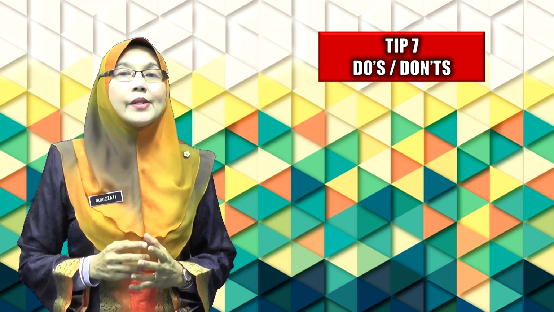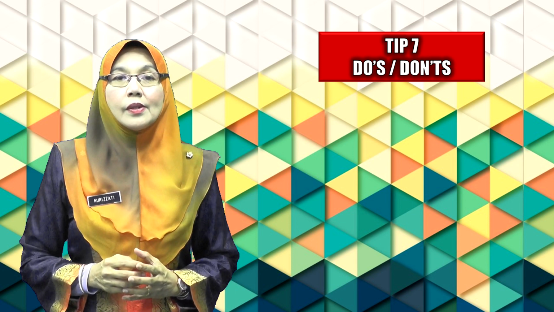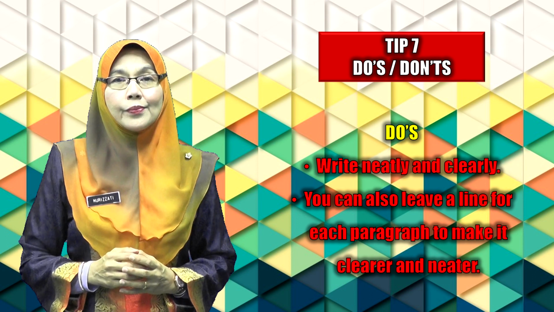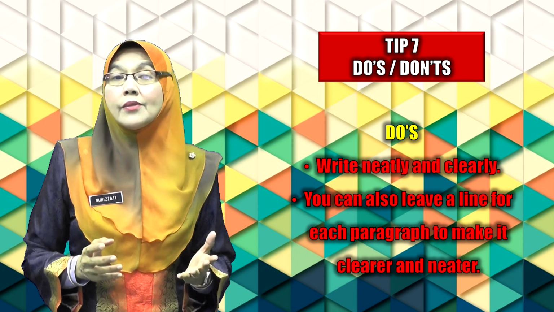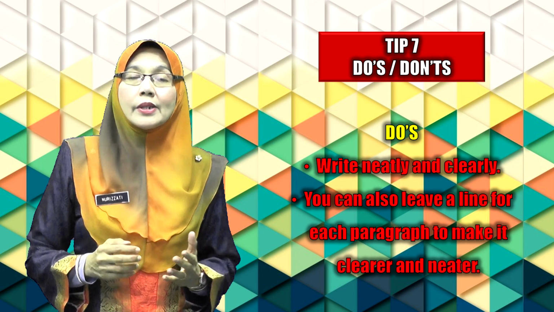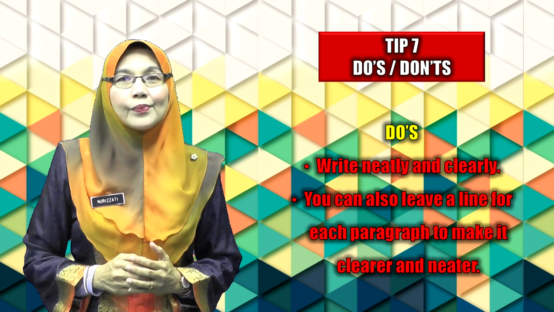Last but not least, tip number 7, the do's and the don'ts. To write neatly and clearly. You can also leave a line for each paragraph to make it clearer and neater.